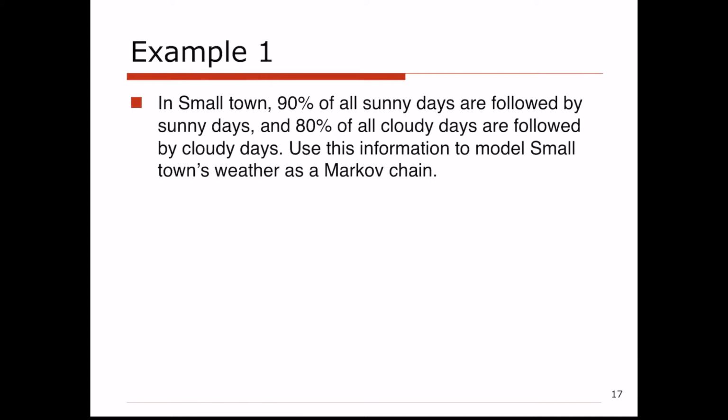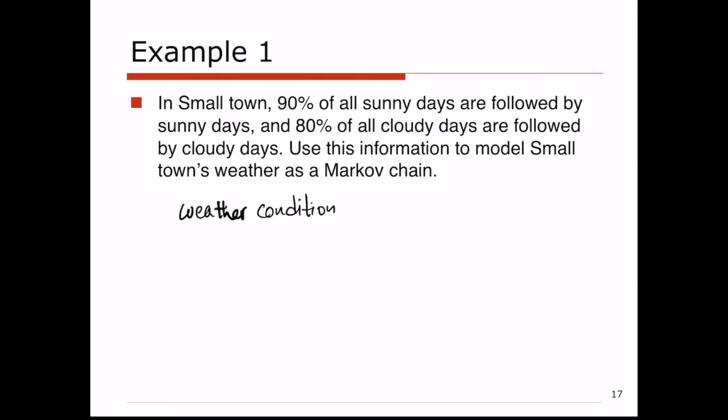The second step, find out the characteristic of interest that you want to monitor, and that is going to be the state of the system. So here, obviously, the weather condition is the state of the system. So what we want to monitor is weather condition.